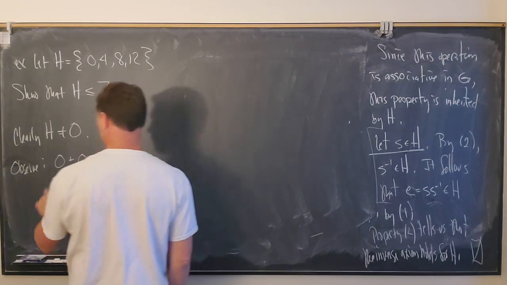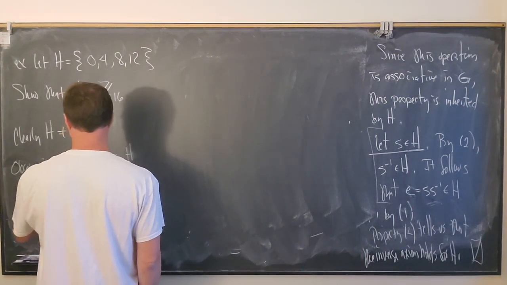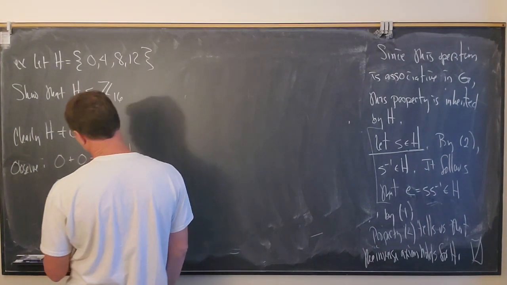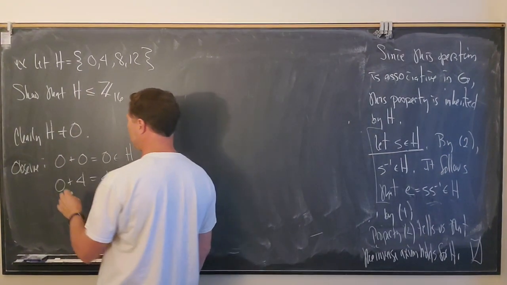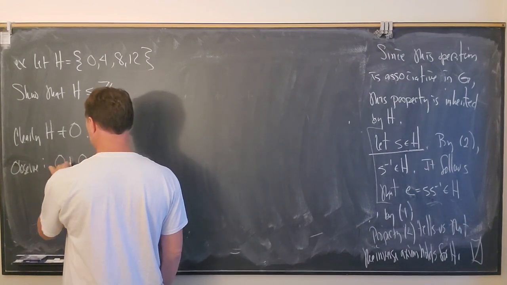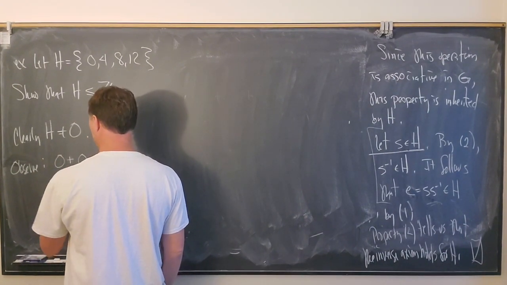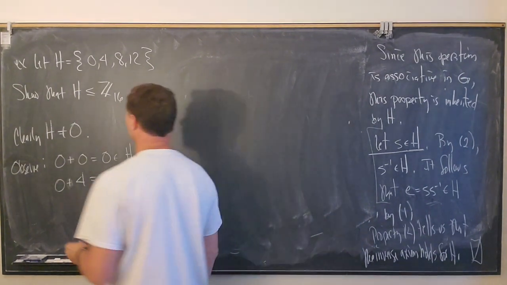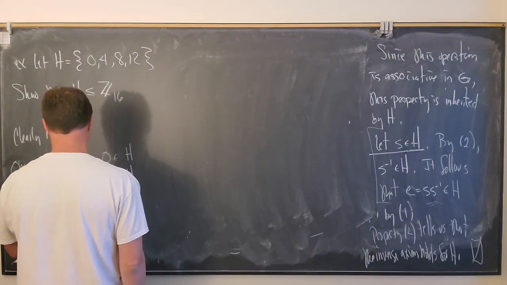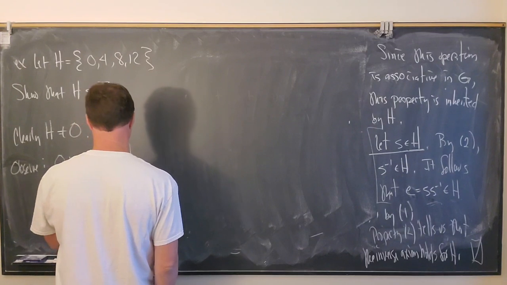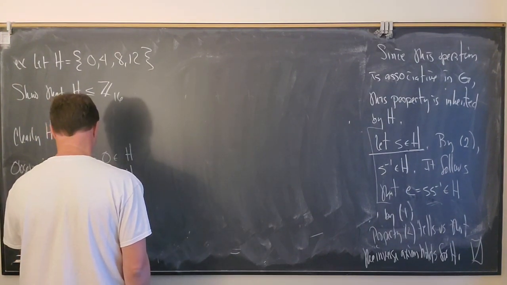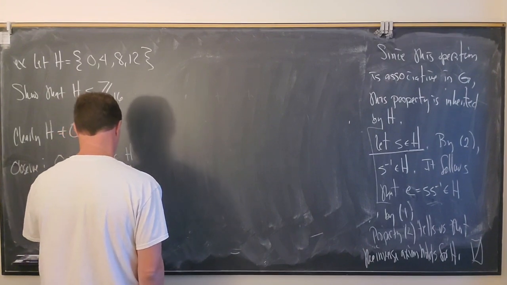That's in H. 0 plus 4. That's 4, which is in H. All right, officially it's a little sub 16. I don't want to have to write a sub 16 every time. So the operation is addition mod 16, but I'm just going to use a plus symbol there. 0 plus 8, that's 8, is in H. 0 plus 12 equals 12, which is in H.